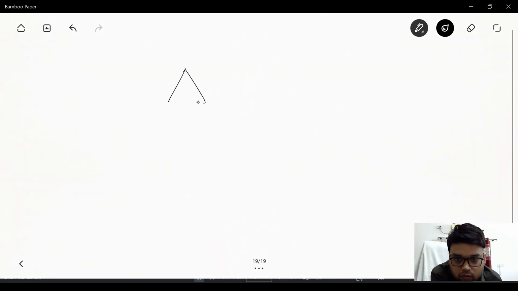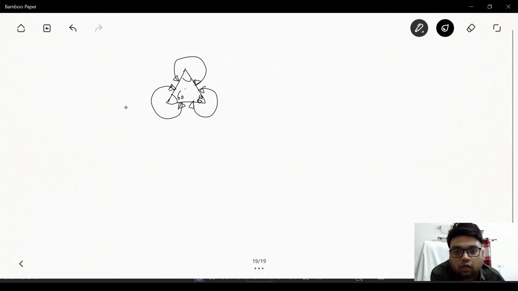If this one is the minimum interior angle, that means the maximum exterior angle, then that one is your maximum exterior angle, and the sum will be equal to 360.